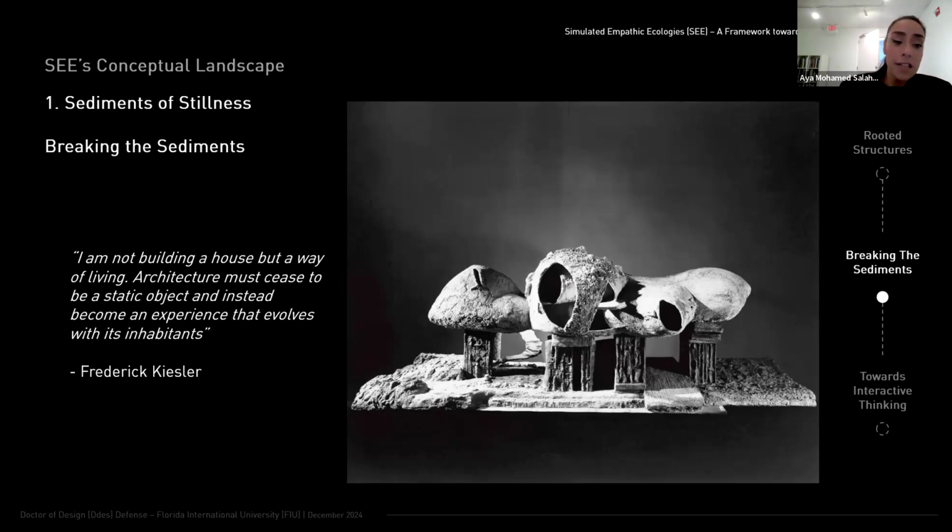Architecture must cease to be a static object and instead become an experience that evolves with its inhabitants." And this is a picture of his Endless House, which again was an approach of thinking about the fluidity of spaces and how to dissolve the boundaries of rigid environments.